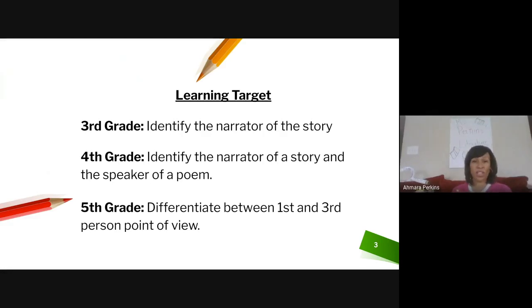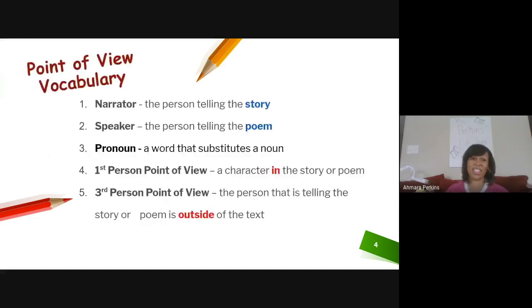So we are going to learn all of these components: narrator of a story, speaker of a poem, first and third person point of view. If you are in third grade, you will be ready for fourth grade. If you are in fourth grade, you will be so ready for fifth grade. And if you are in fifth grade, you are going to be so ready for sixth grade. All right, so let's begin.